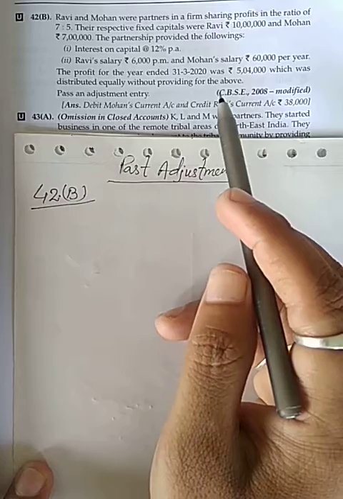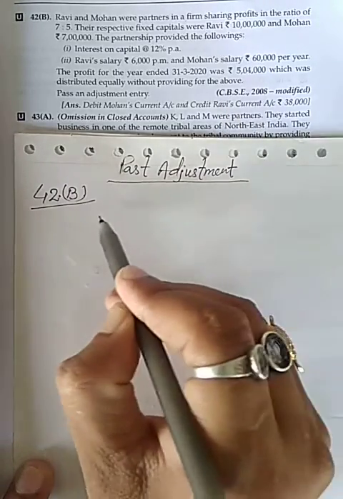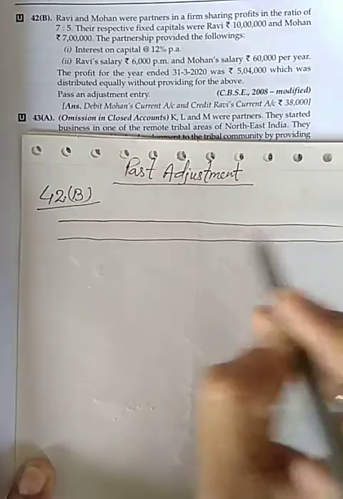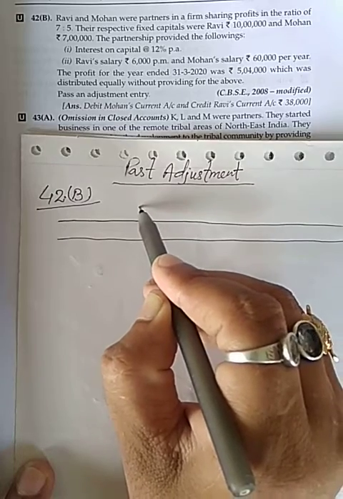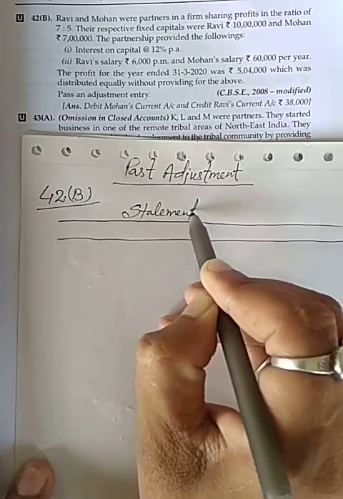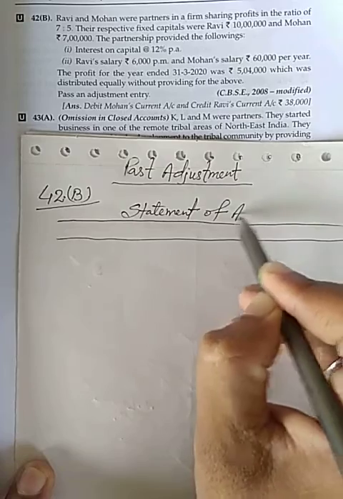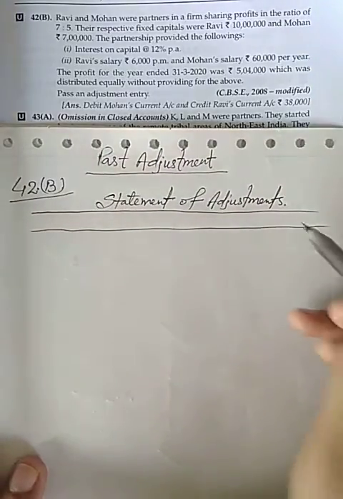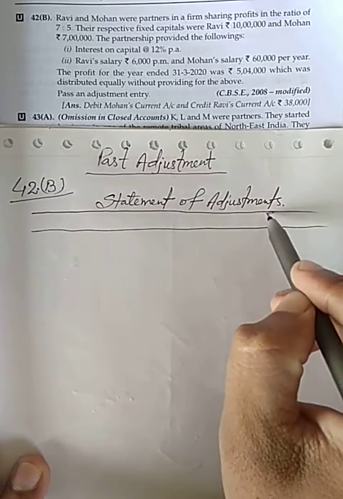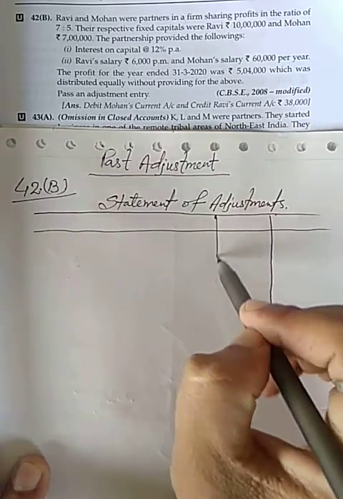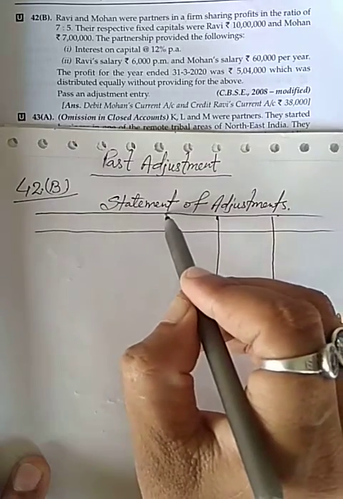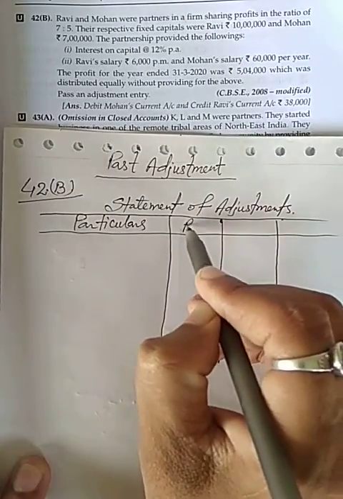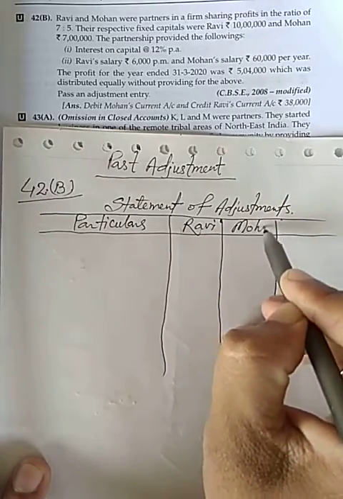So according to the question, first I am drawing an adjustment table, a statement of adjustments. Particulars: Ravi, Mohan, and total.